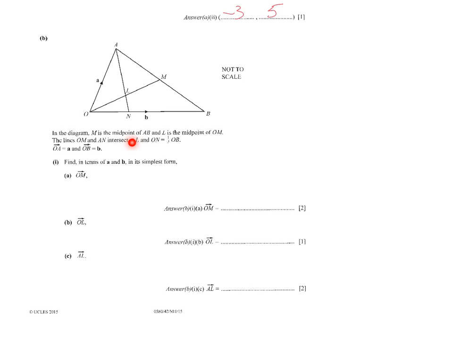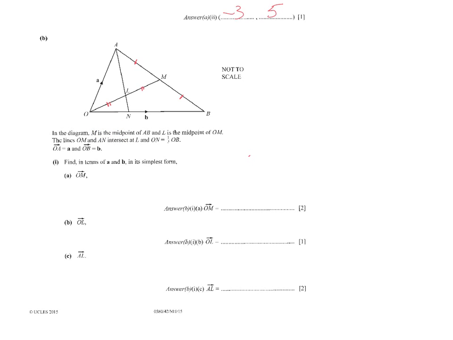That's fantastic. In the diagram, M is the midpoint of AB. Okay, let me just put a little line there, exactly in the middle. It's probably important. They never give you information that you're not going to need, by the way. M is the midpoint of AB. L is the midpoint of OM. So I'll put 2 lines there.